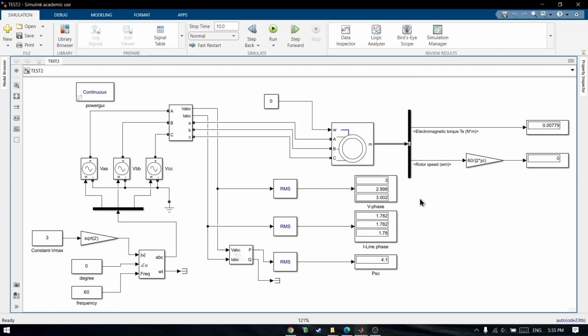We repeat the test for voltages of 2 volt, 3 volt, 4 volt, and 5 volt to observe the change in these values. Using the simulation results, we can calculate the motor's equivalent impedance, resistance, and reactance. The manual calculation is in the final report.